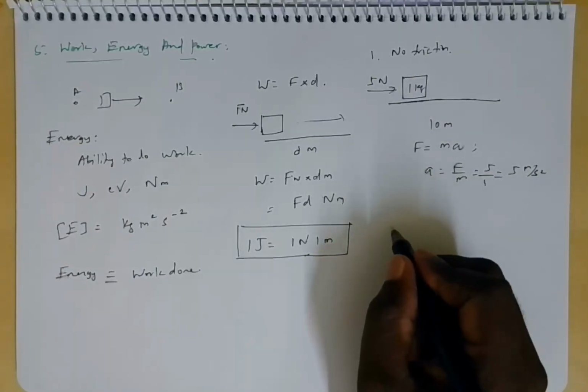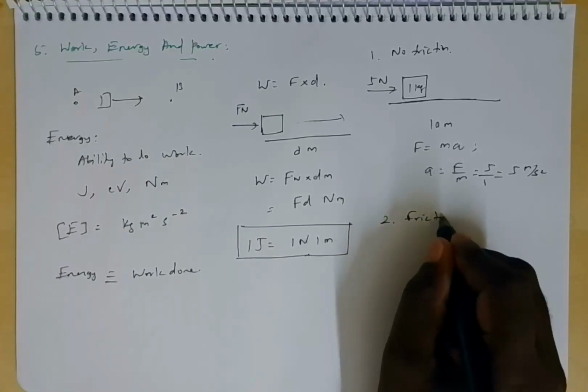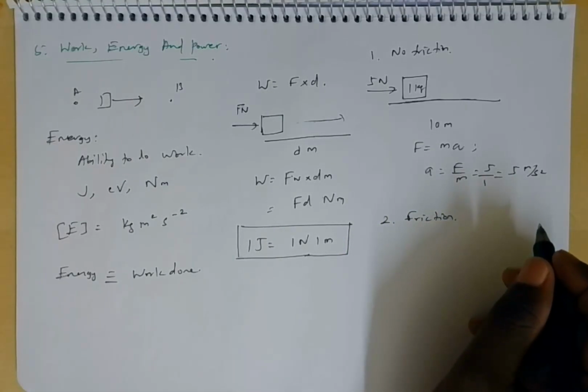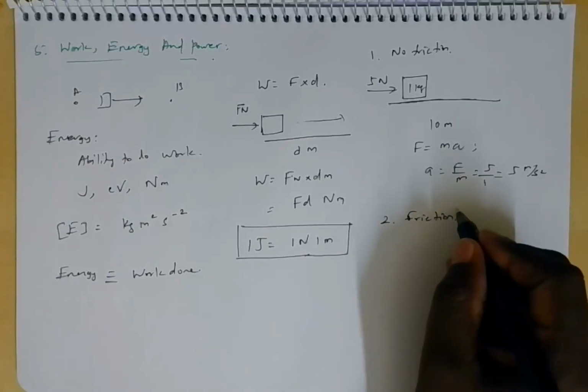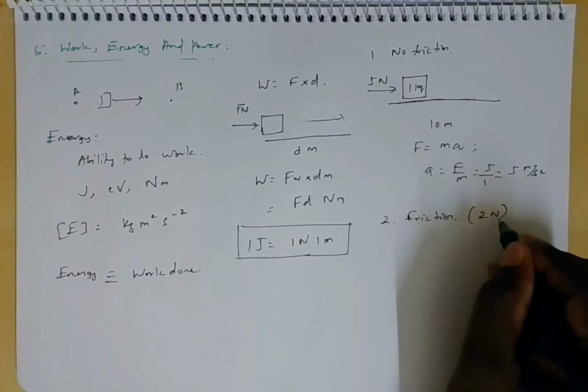Now, in the second case, let's say that there is friction. Friction is also a force, right? So it's going to consume some energy. Let's say that the friction between the box and the floor is 2 Newton.